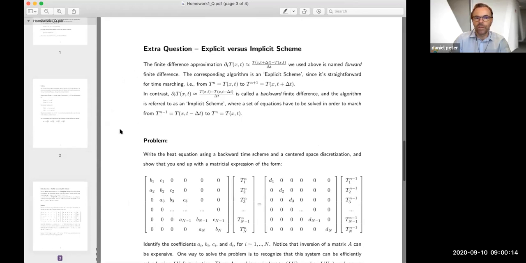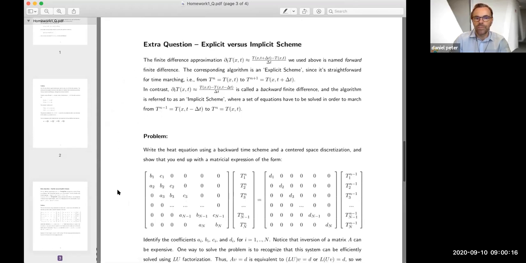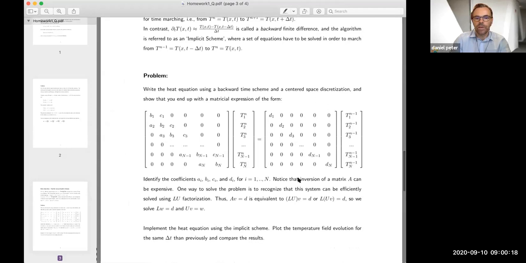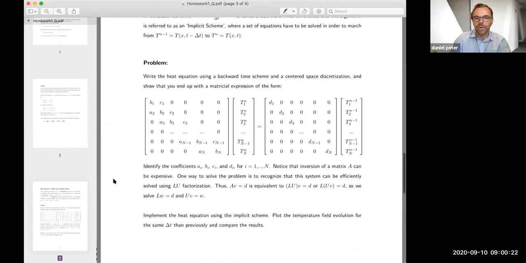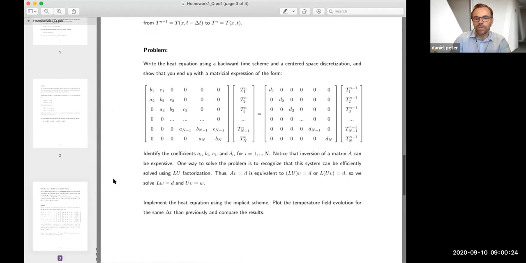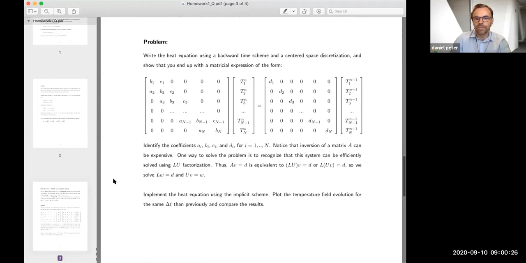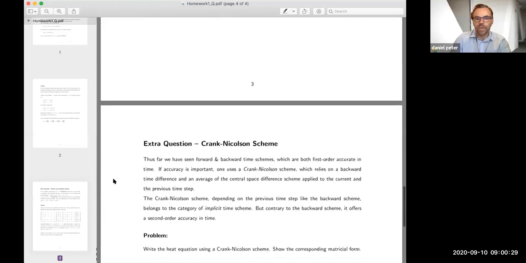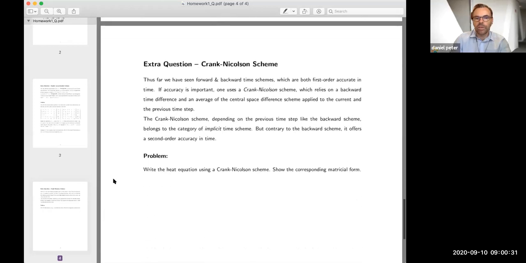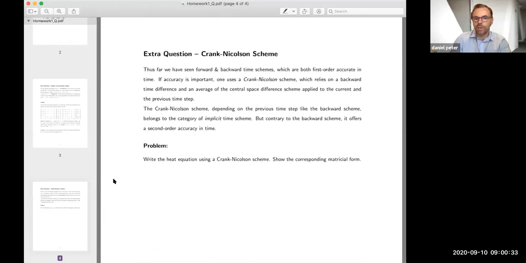Here you play with a slightly different scheme. You will end up with a problem set up like this in matrix form, which you can solve as well. And if you're extra brave, then you can try and look into the Crank-Nicolson scheme, trying to implement that one as well.